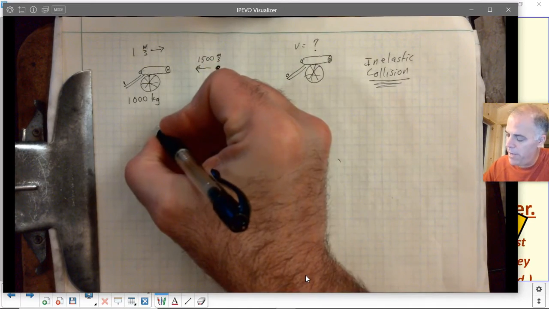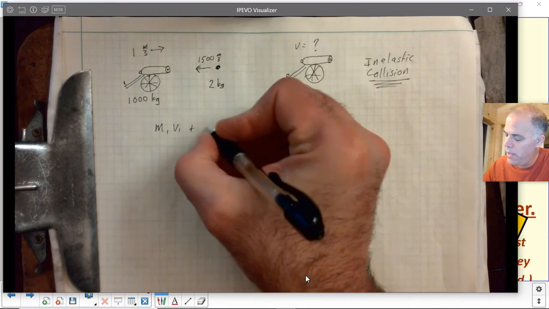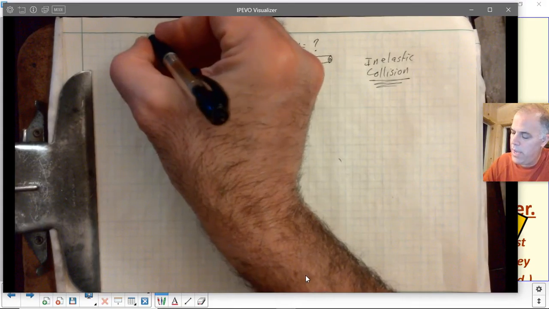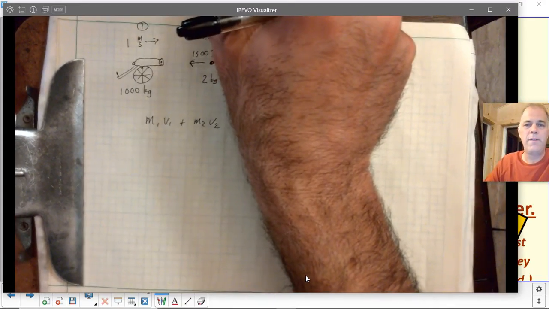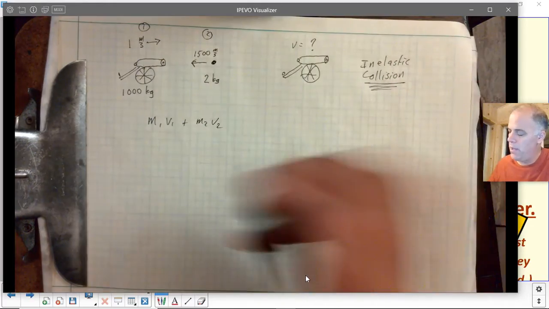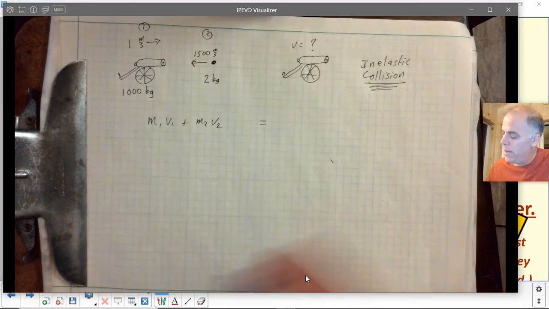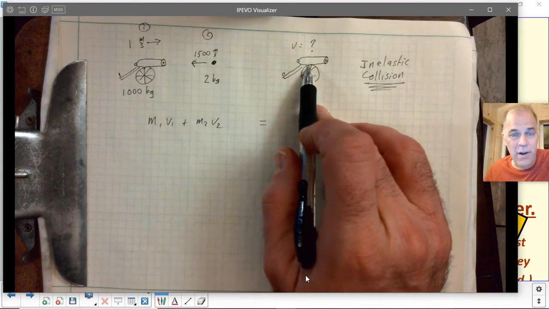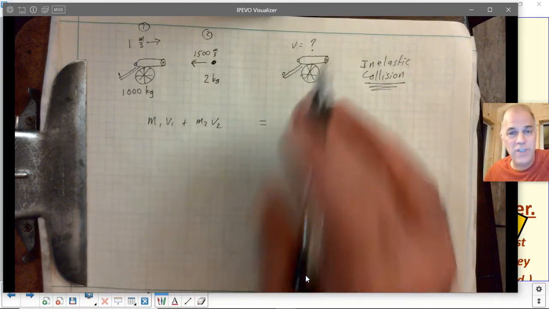So let's start off with the basic one. m1v1, this is the momentum before, plus m2v2. We're going to call the cannon object 1 and the ball object 2. And that's going to equal the momentum after. But here's the thing. Since they stick together, the velocity for both objects is the same.